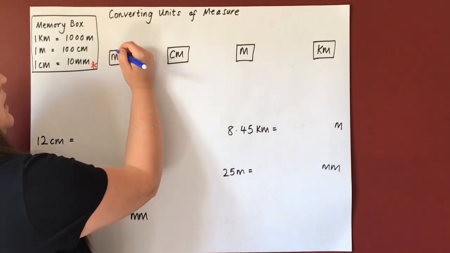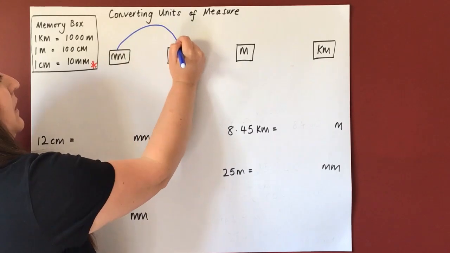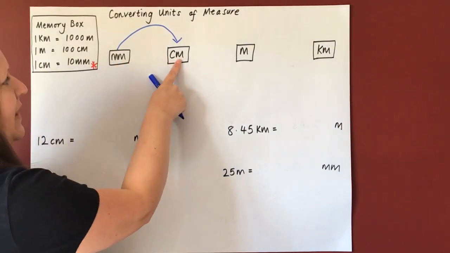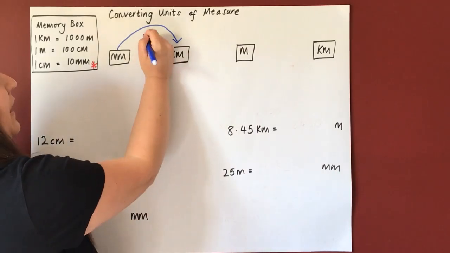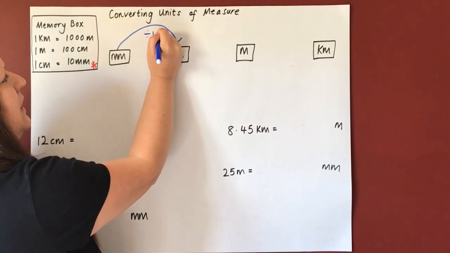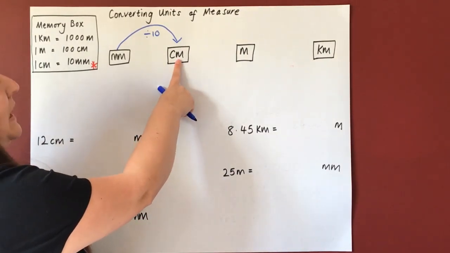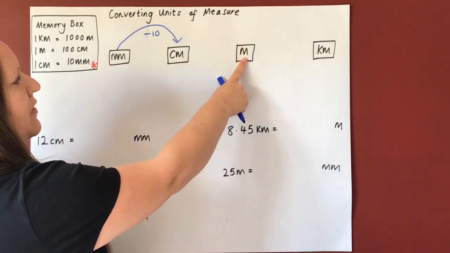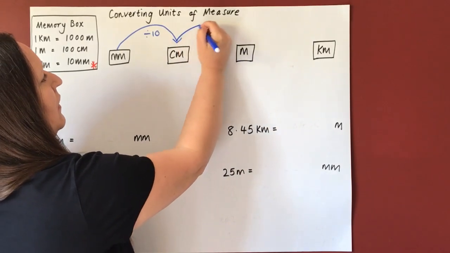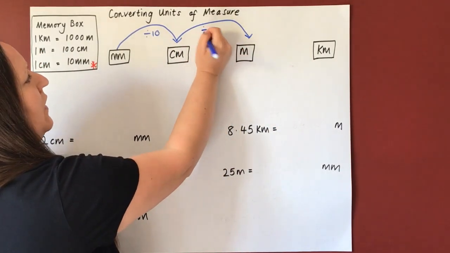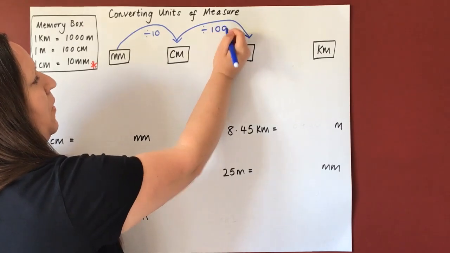So, with my blue pen, we're going to look at how we convert millimetres to centimetres. And we do that by dividing by 10. We then look at centimetres and how we can convert them to metres, and we do that by dividing by 100.